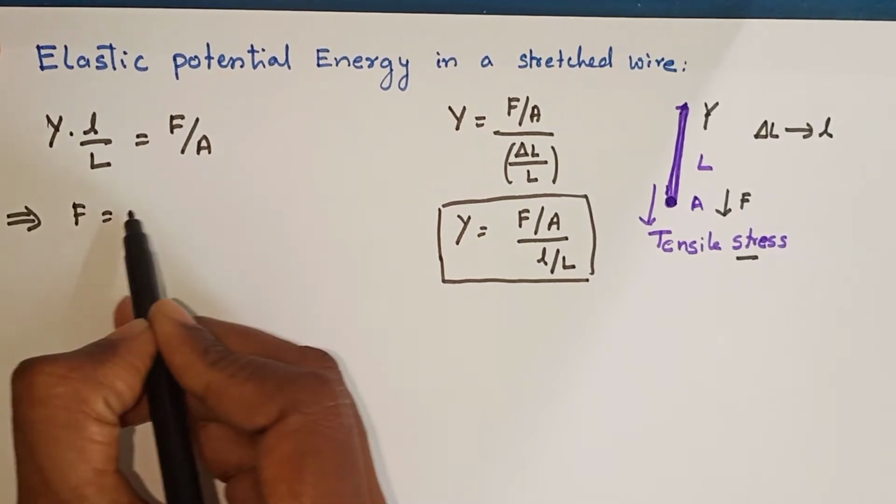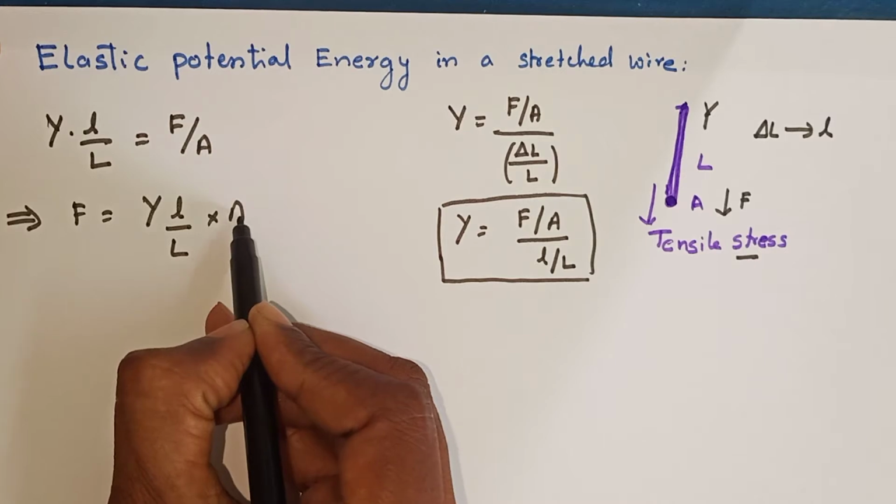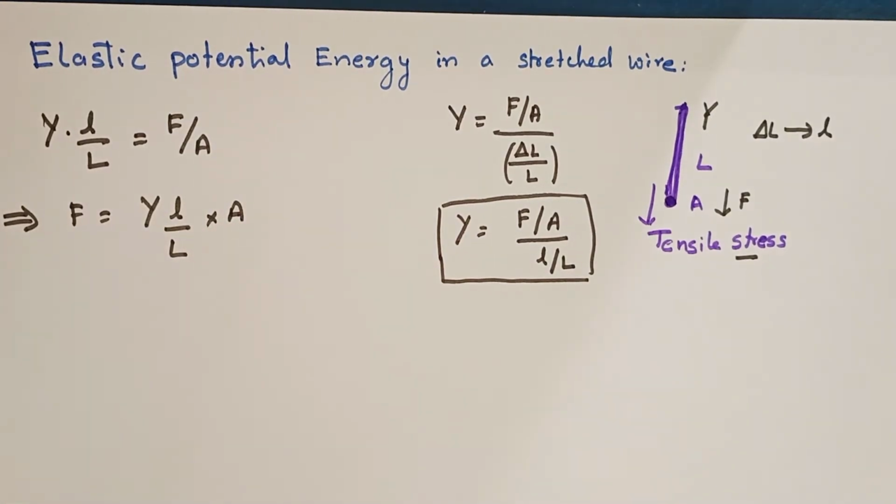F is equal to Y into l by capital L into area. This is actually the force which is applied to make the elongation.